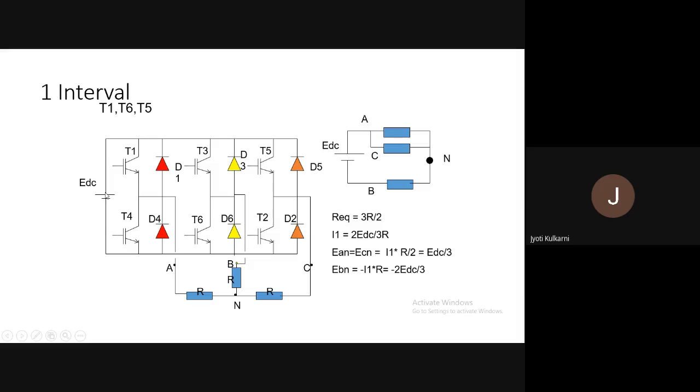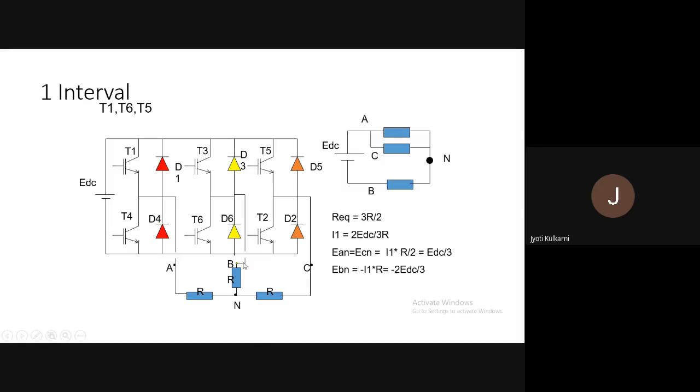The positive plate of the supply. So ultimately the A branch of the load is connected to the positive plate of the supply through T1 and the junction point. So the A branch of the load is connected to the positive plate of the DC supply.